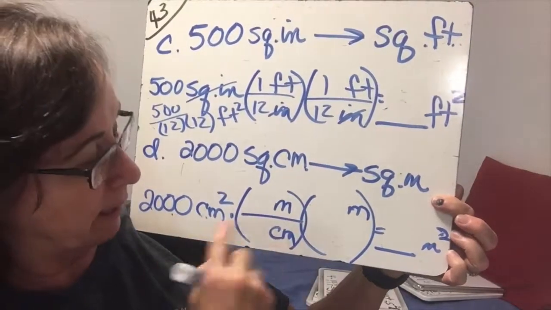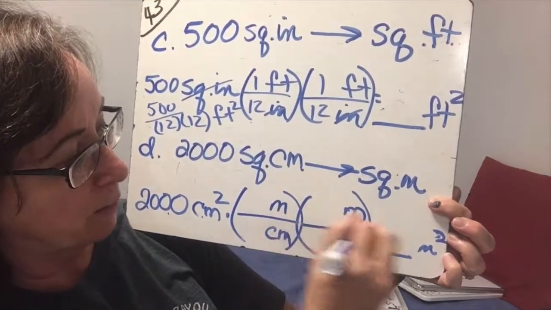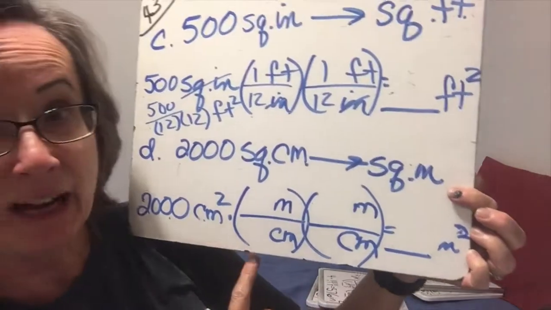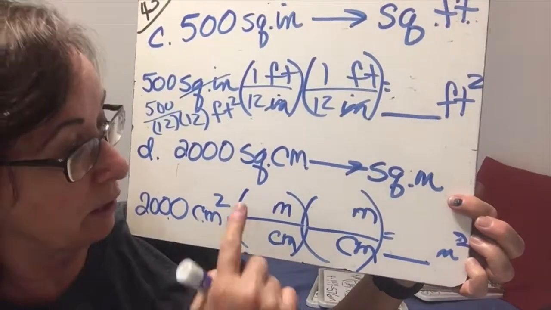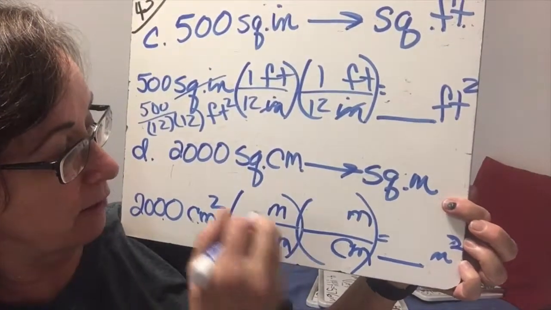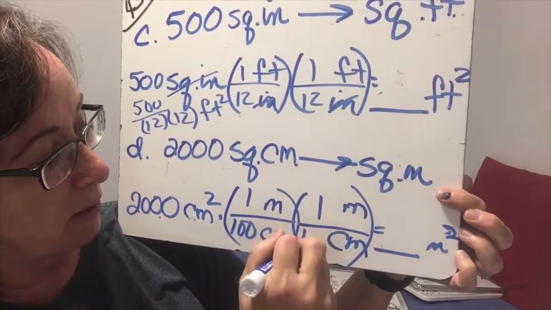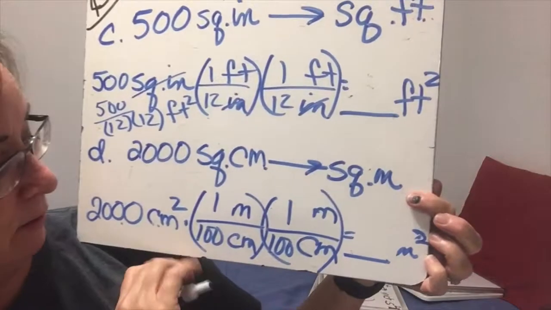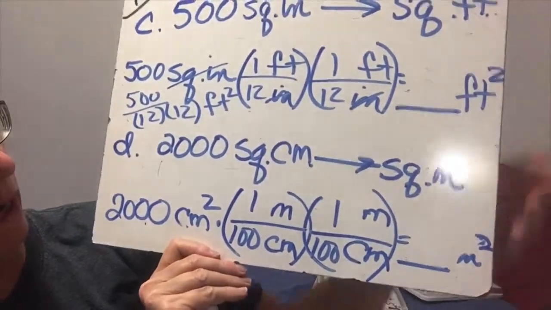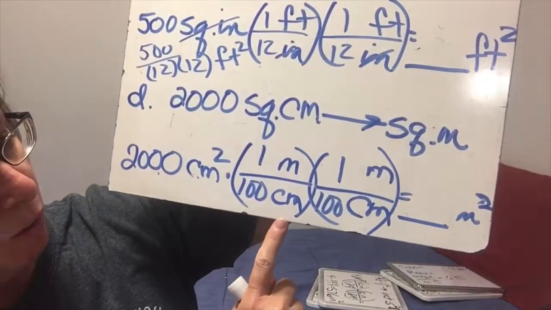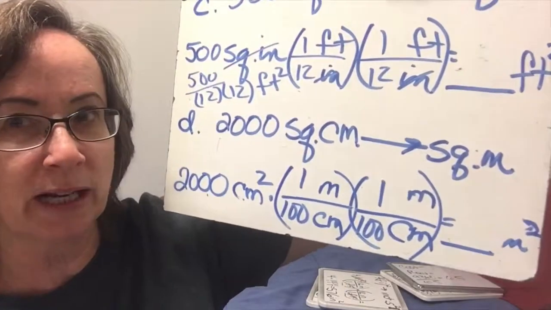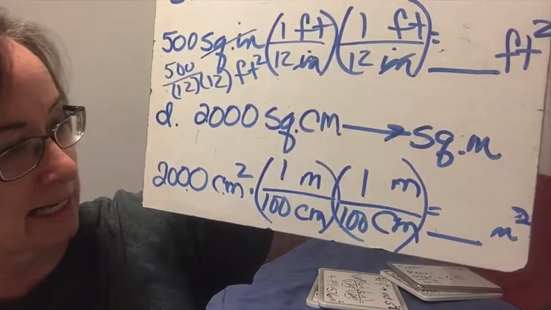Centimeters we want to get rid of because we don't want that in our answer. Now we have to make this a true unit multiplier. So 1 meter is 100 centimeters. 1 meter is 100 centimeters. Okay, so now we have what? 100 and 100 are just going to change the decimal place.